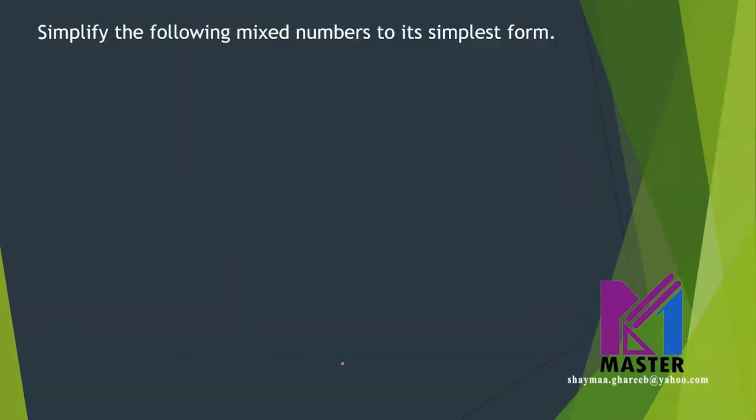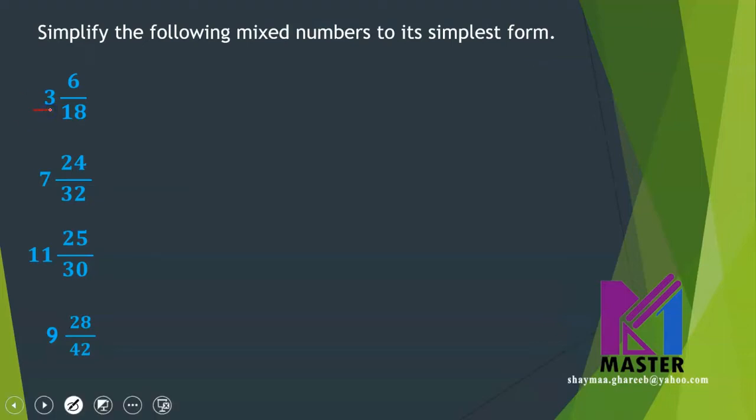Now let's see an example. Simplify the following mixed numbers to their simplest form. We have here 4 mixed numbers, as you can see. We said we are going to simplify the fraction part only, and the whole number stays as it is. So I have 3 and 6 over 18.